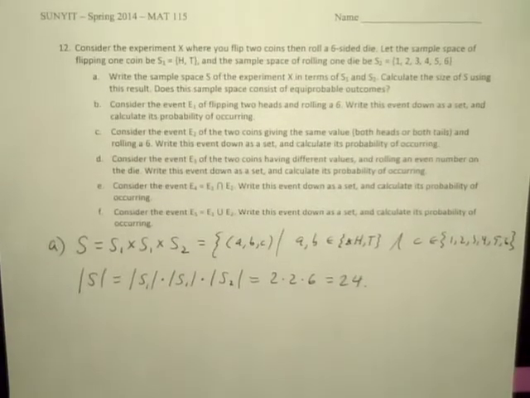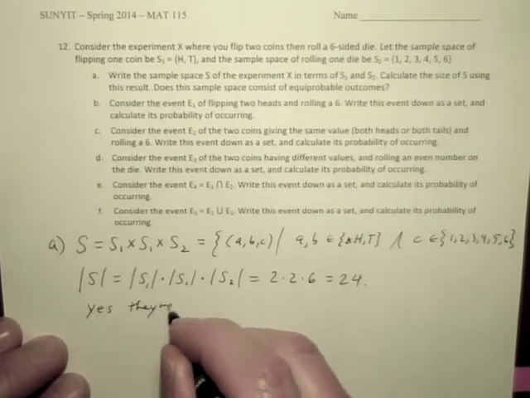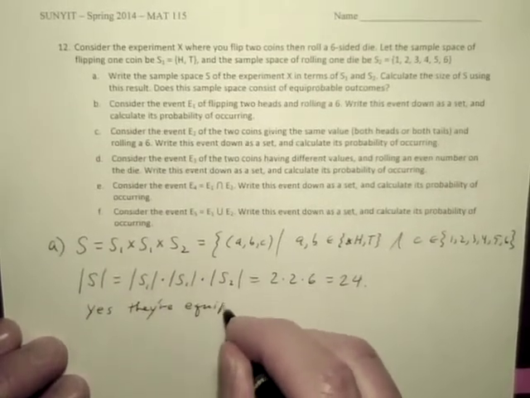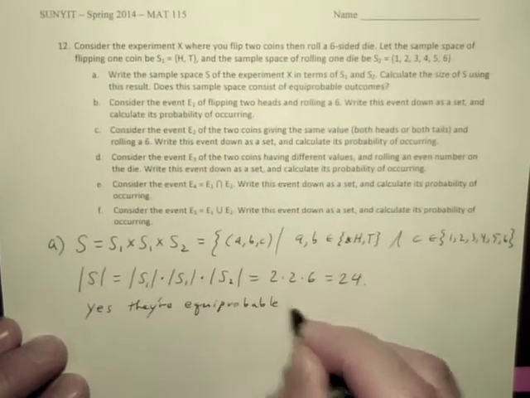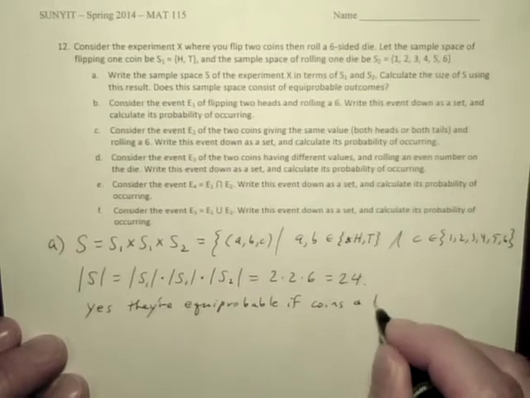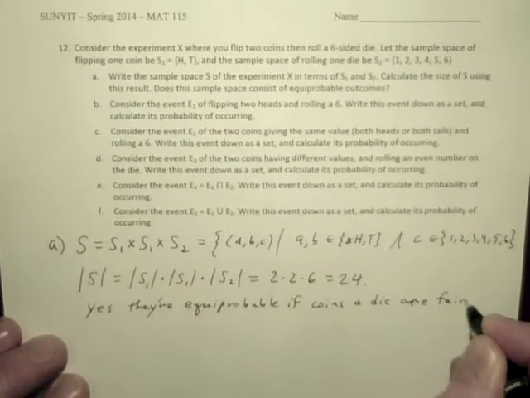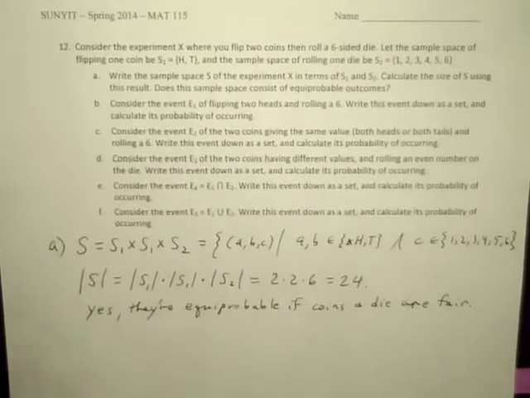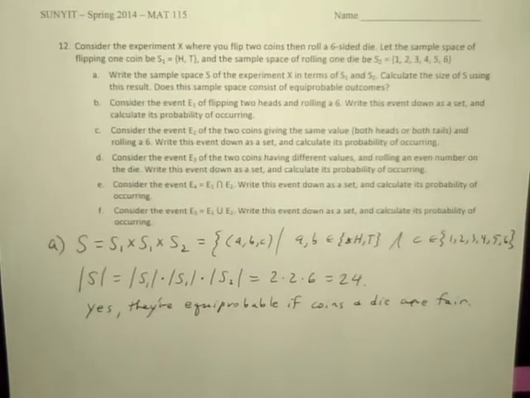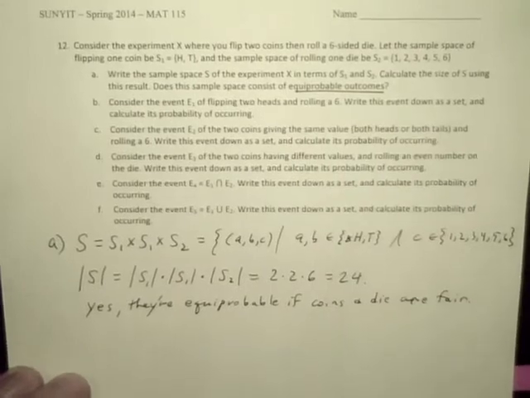Okay, 24 possible outcomes, and yes, they're equally probable if the coins and the die are fair. And I've mentioned in class that unless stated otherwise, you do assume that they're fair. So we have the equally probable outcome case, which simplifies everything.